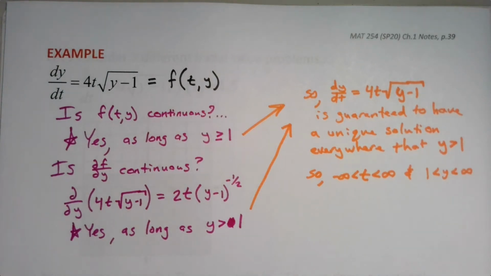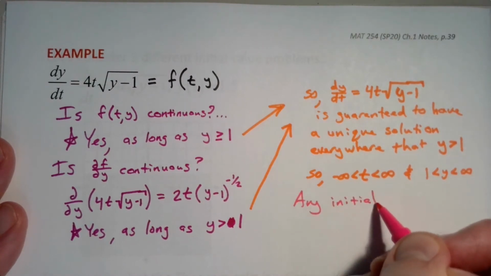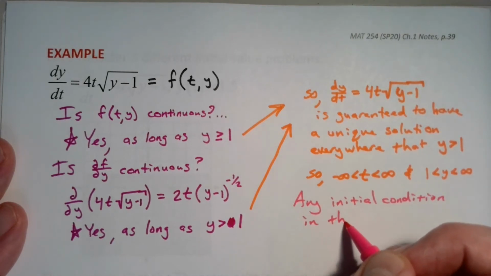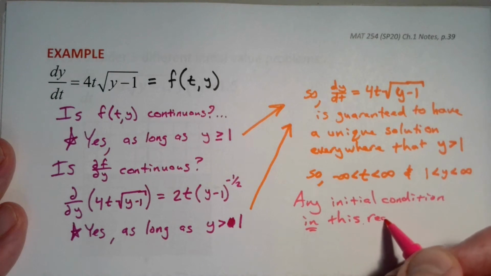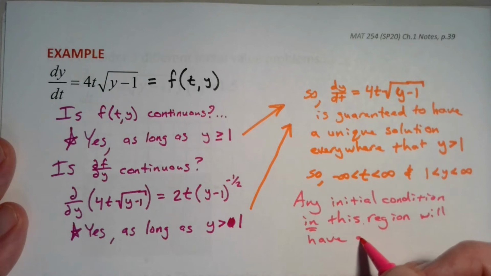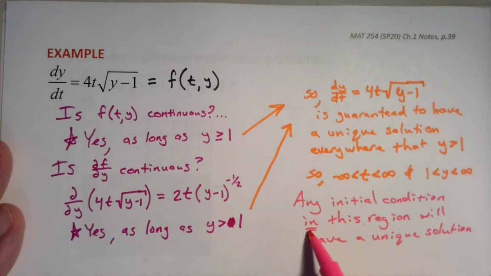And of course, any initial condition in here will have a unique solution. So any condition, notice I emphasize here, it's got to be in this region. We'll have a unique solution. It can't be on the edge, but it can be in, as long as it's in that region.